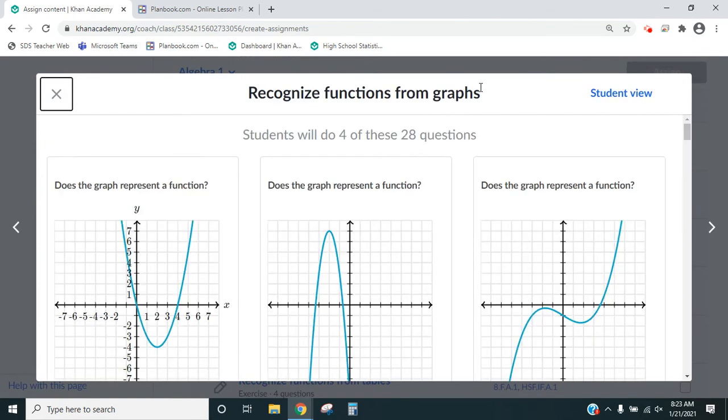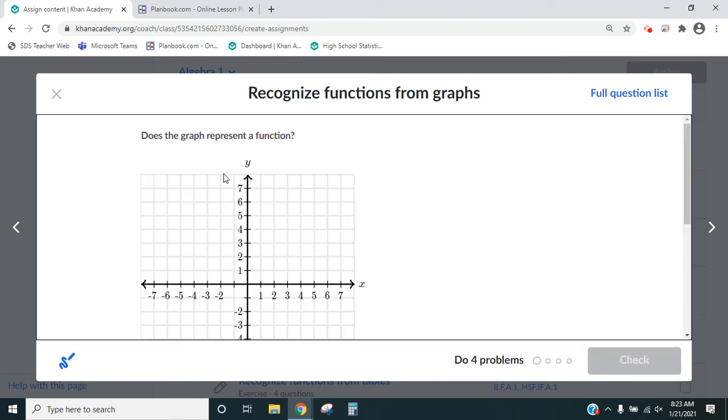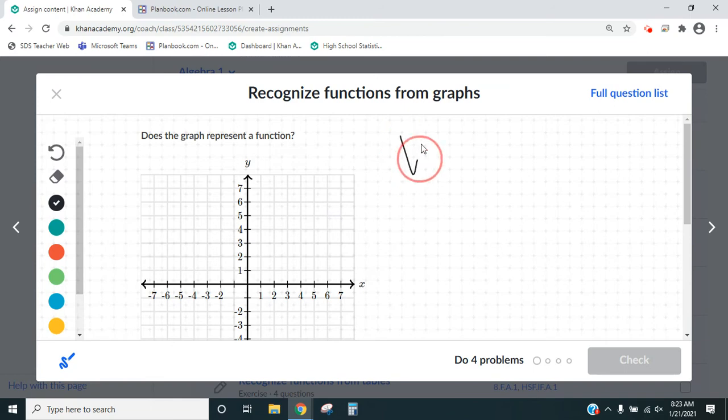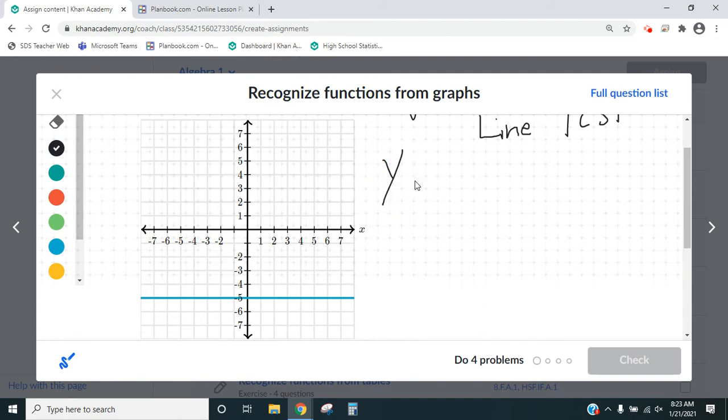All right, move on to the next one. Recognize functions from graphs. So we talked about domain. Now we're talking about whether something is a function or not. Here's the rule: it's the vertical line test. You can do it with a pencil on your screen. So is this a function? The answer is yes.